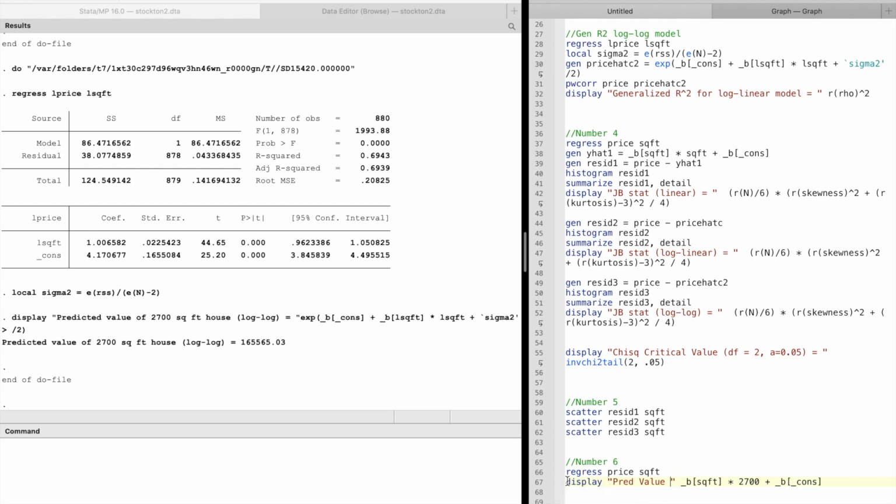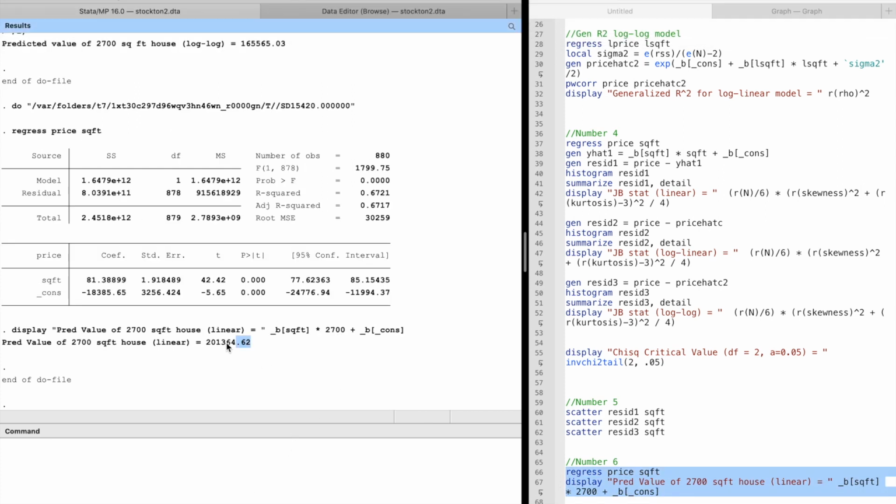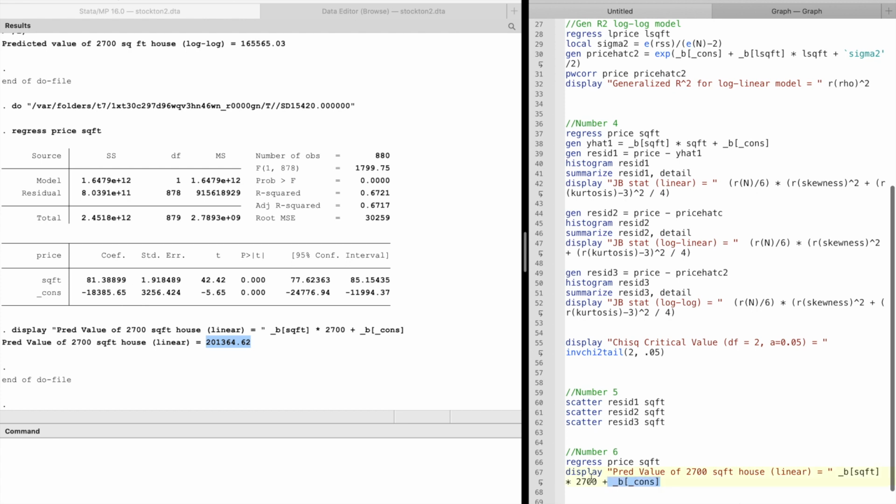Predicted value of 2,700 square foot house. It's the linear model. When we run this, we get $201,364 based on our linear model.